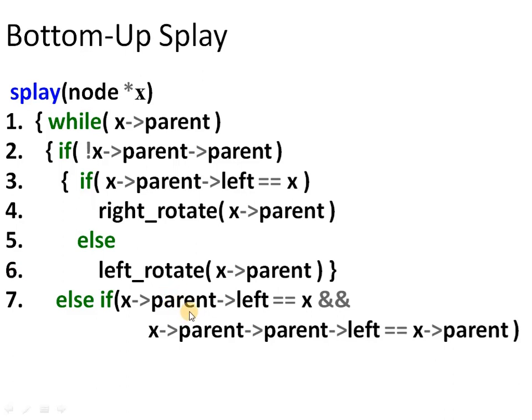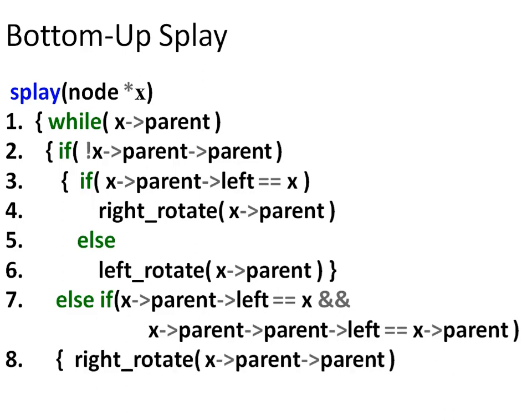So if parent and x are related via left child pointer, and parent and grandparent are also related via left child pointer, then we have to perform 2 right rotations, and the first right rotation should be at the grandparent. So we have to first perform right rotation at the grandparent, followed by another right rotation at the parent.